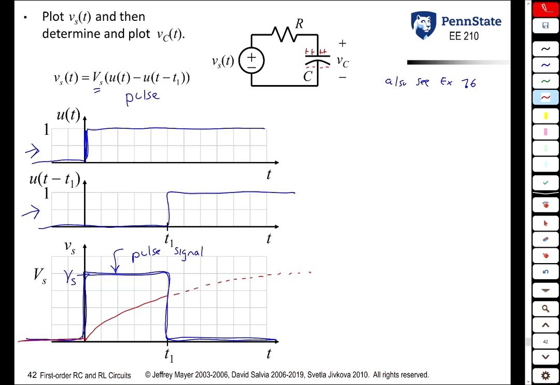But what happens here, so this is a charging capacitor. But what happens is at T1, perhaps before the capacitor had a chance to fully charge, the pulse signal turns off, and now the capacitor is going to discharge.